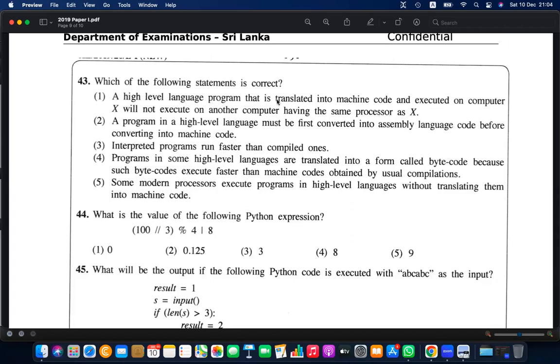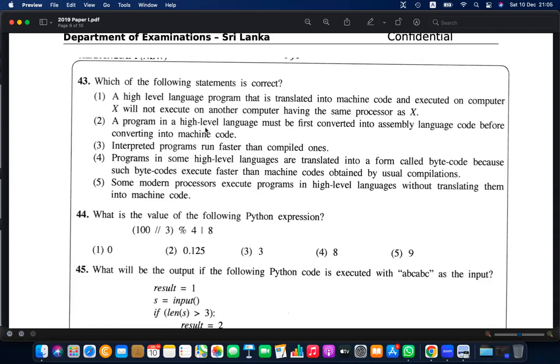A high-level program is translated into machine code and executed on a computer. X will not execute on another computer having the same processor. Okay, let's keep that point.